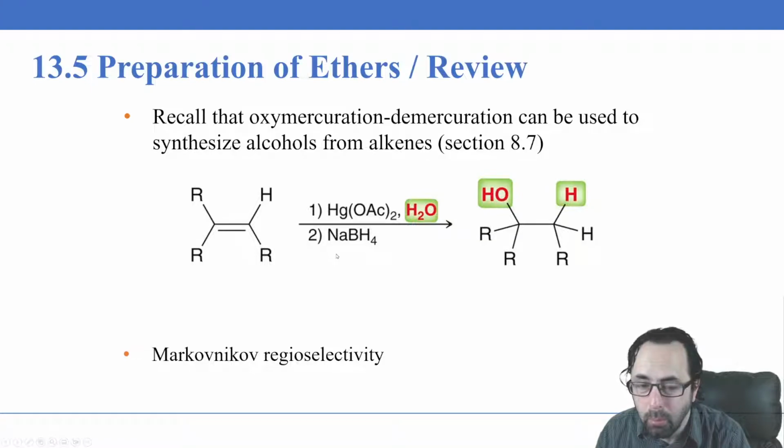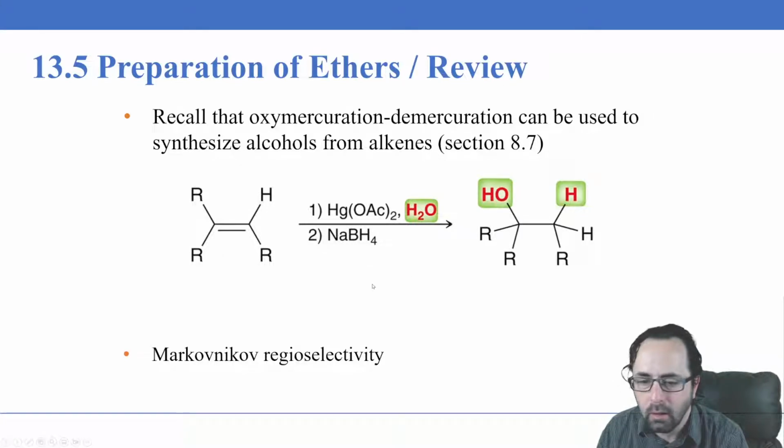Now, way back in chapter 8, we were talking about the creation of alcohols via oxymercuration-demercuration, Hg(OAc)2 then NaBH4. With oxymercuration-demercuration, we can make alcohols from alkenes.